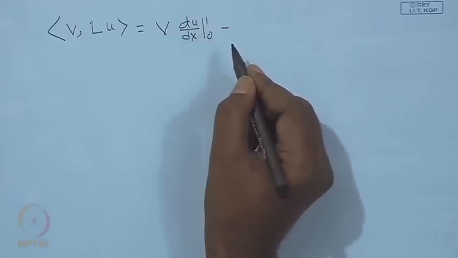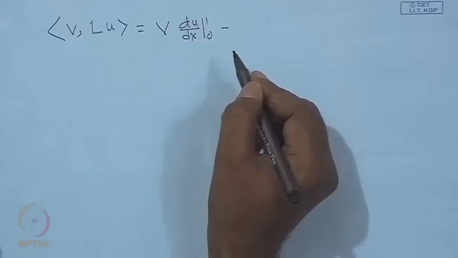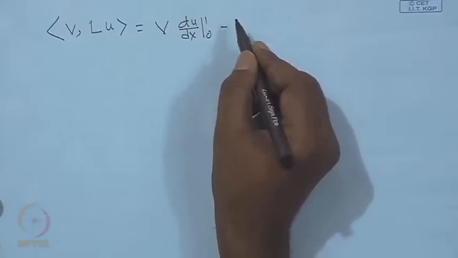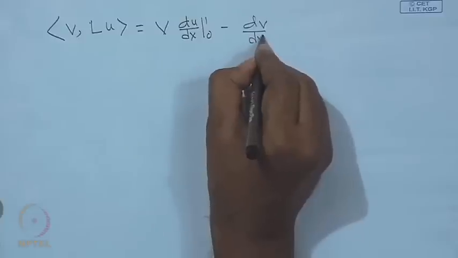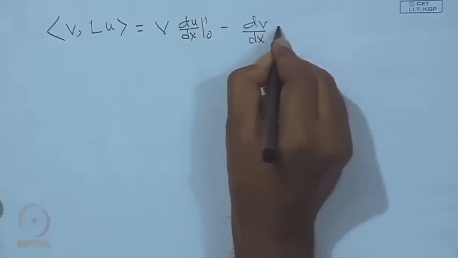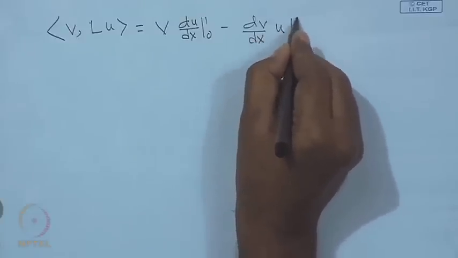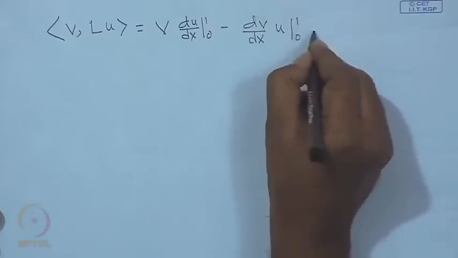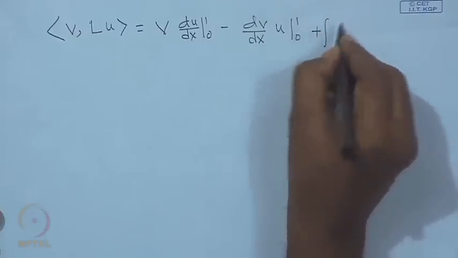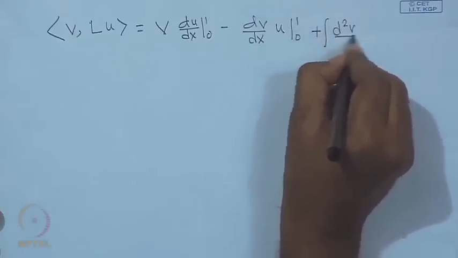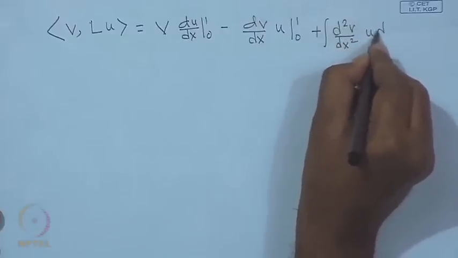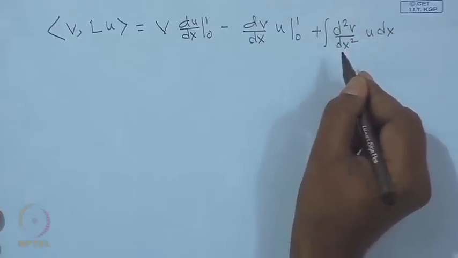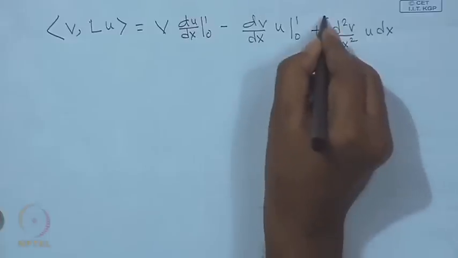Minus, take dv/dx as the first function, du/dx as the second function. So, first function dv/dx, integral of the second function, that is u from 0 to 1, minus plus differential of the first function and integration of the second function, d²v/dx² u dx from 0 to 1.